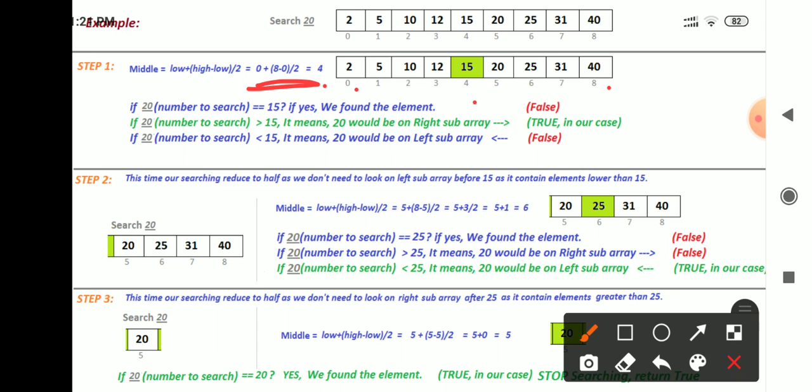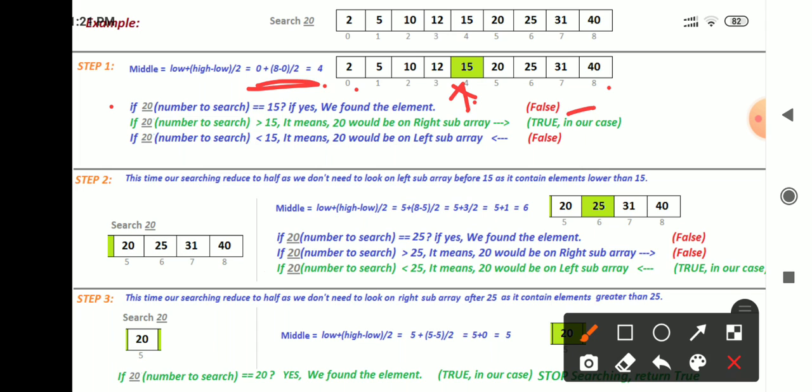Now we will check the conditions: whether the value is less than mid, greater than mid, or equal to mid. If 20, the number to search, is equal to 15, which is the mid calculated the first time, that is no. That condition is false.